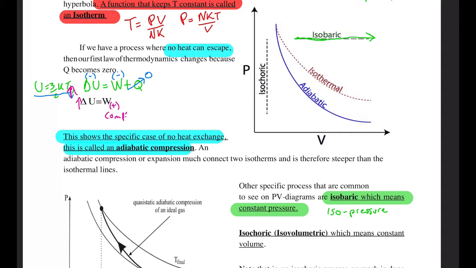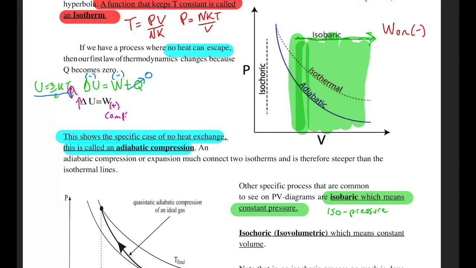Okay, what's required to expand a gas at constant pressure? Well, let's see. If you expand a gas at constant pressure, you'll see that there is work that is happening on the system. So as a gas expands, that means that the work being done on the gas is negative.